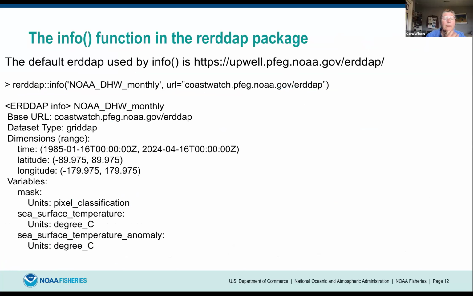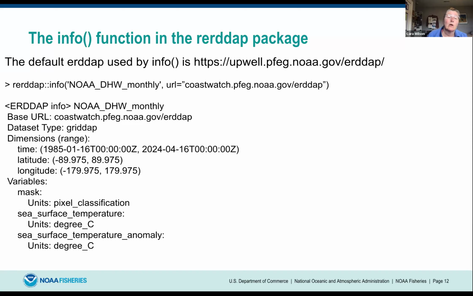This is getting into a little bit more of the info function, which is used by the rerddap package, and this is just showing you what's actually returned when you call info on a data set.